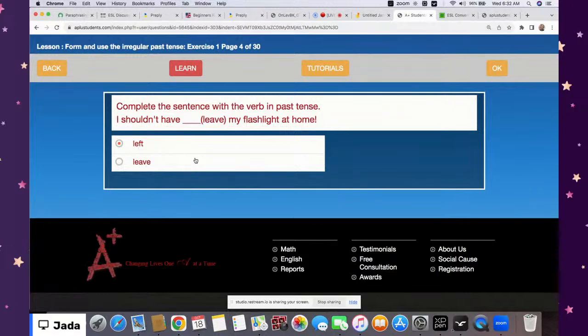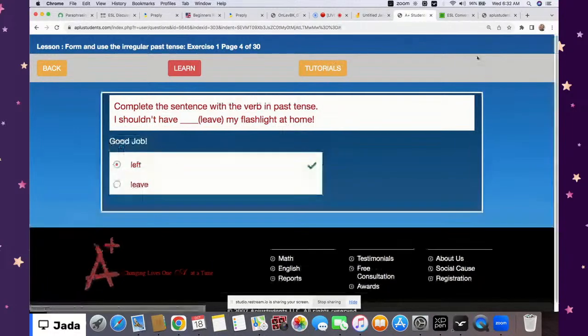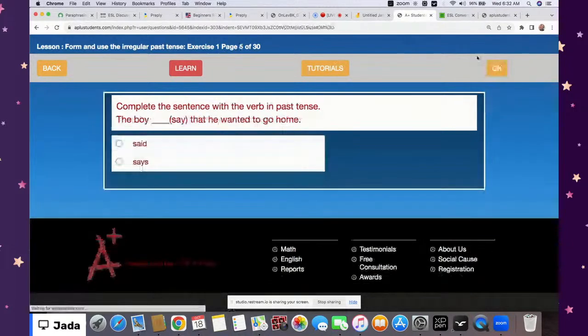Okay. So the boy dash that he wanted to go home. Says or said? What is this one? Is it say or said? Past tense. Okay, good on the chat.